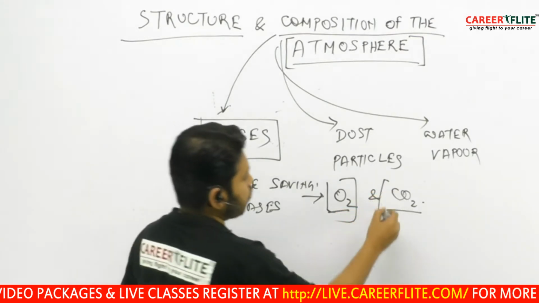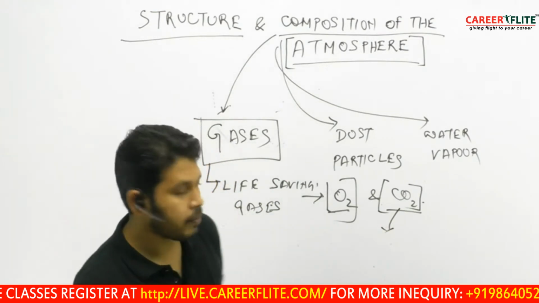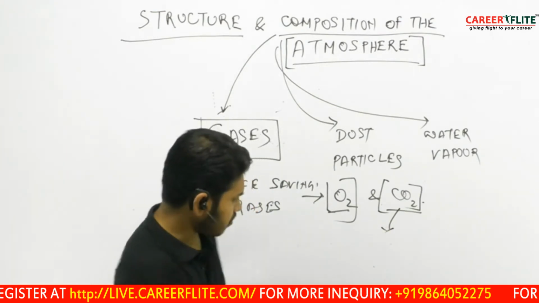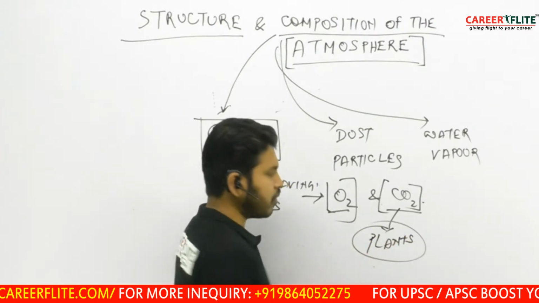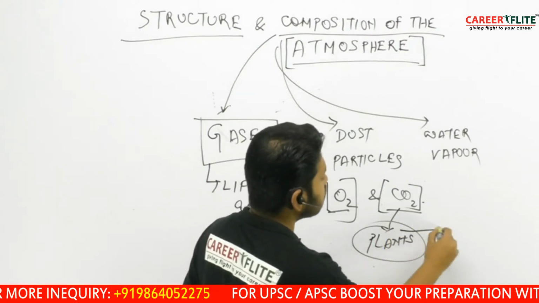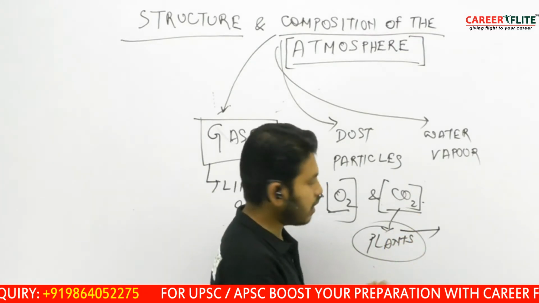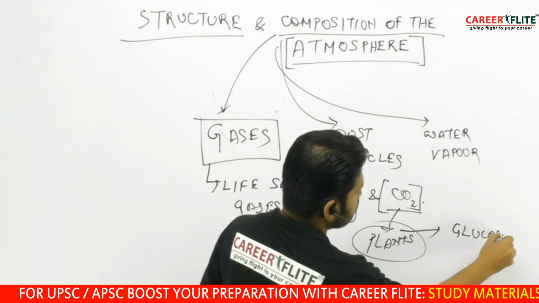And carbon dioxide. Why is carbon dioxide a life-saving gas? Because carbon dioxide is trapped by plants. Plants use carbon dioxide, water, and nutrients to convert sunlight, the photons of sunlight, into food, glucose or carbohydrate.